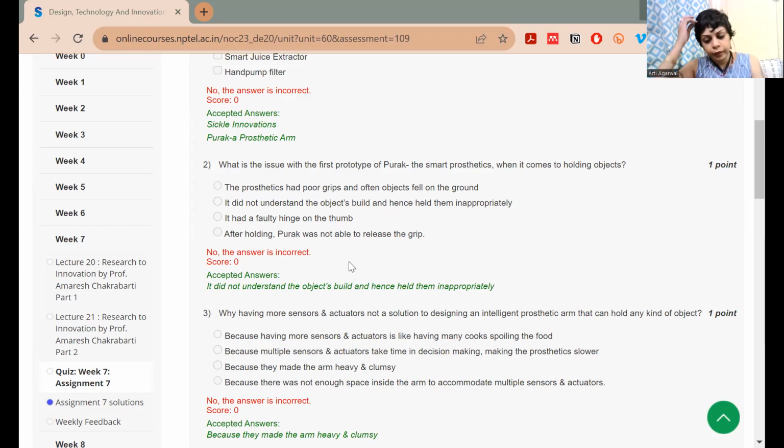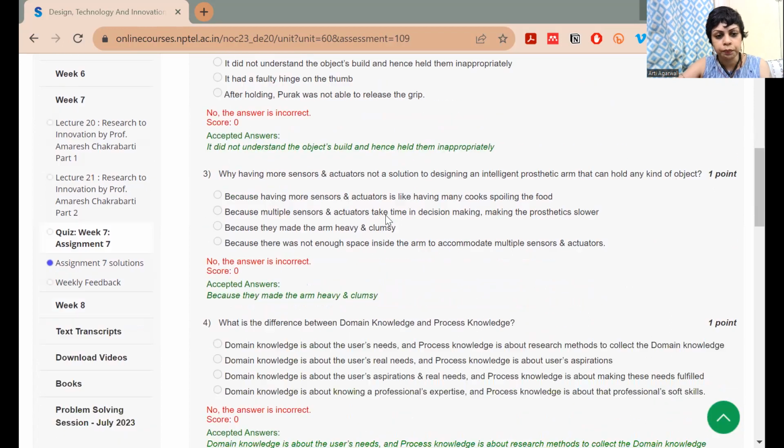So he's explained in the lecture that you need to understand the type of grip required to hold each object, and that the first prototype of Purak did not understand what type of grip is required for different types of objects, and that is why it was not able to hold each object appropriately. So that is the second question.